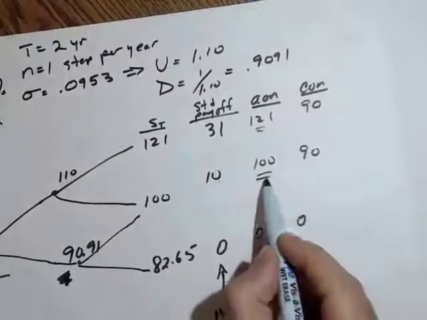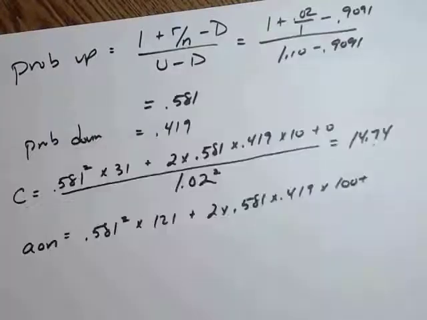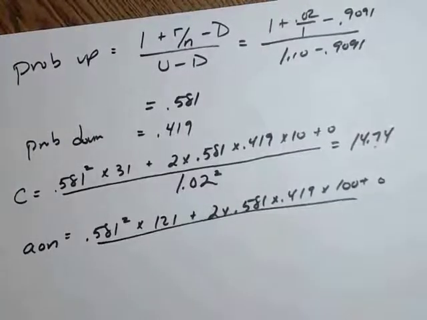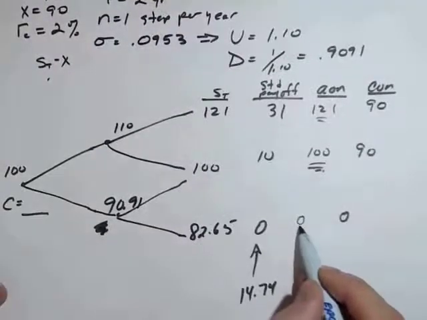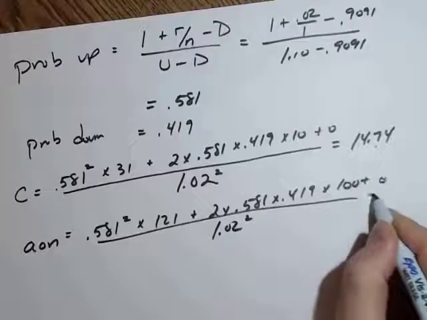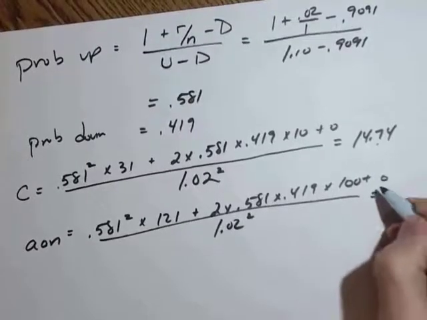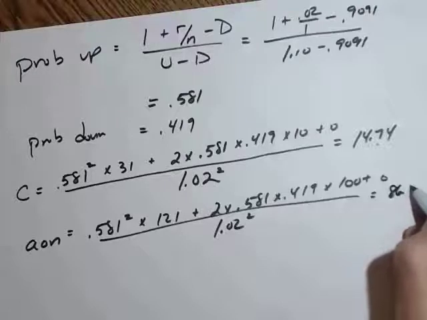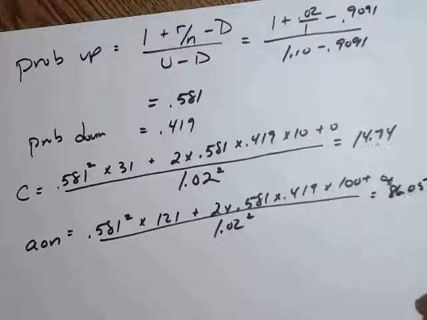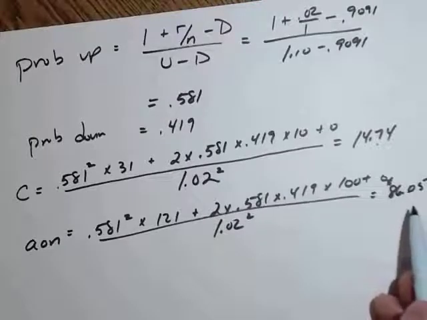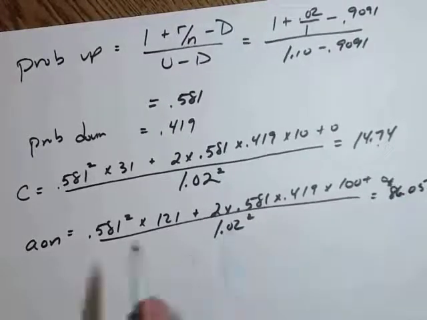It's 100 that I'm doing, not 10, 100. And then it'll be 0 at the end because the payoff here is 0. We discounted at 2% for 2 years, and the value of this asset or nothing is 86.05. Okay, so we didn't have to subtract off the strike, which is why it's so much more.